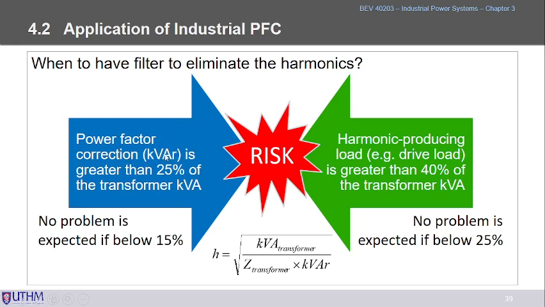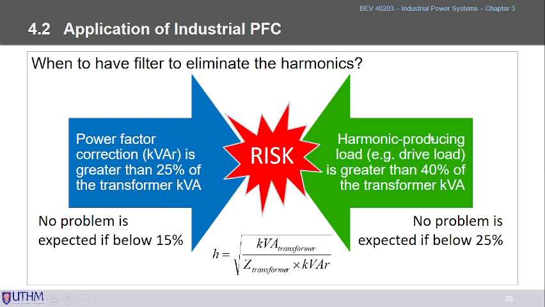If this kVAR is greater than 25% of the transformer kVA, say our transformer is rated at 1 MVA or 1000 kVA, and our power factor corrector is rated at 300 kVAR, then you will have a high risk when you have resonance. As long as your power factor kVAR is more than 25% of the transformer kVA, you will have a high risk of resonance. Otherwise, if it is below 15%, then it should be okay, no problems.